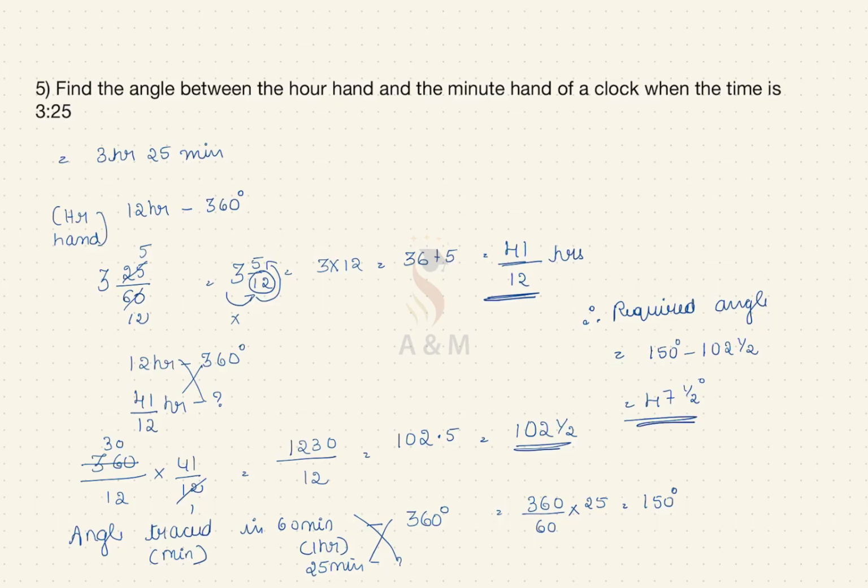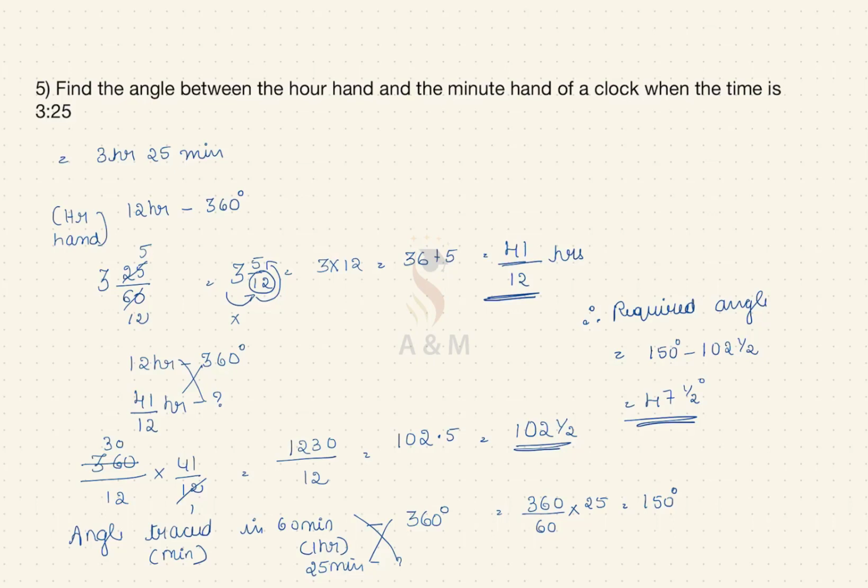Clear? So first we take 3 hours 25 minutes together. Why are you taking the 25 minutes? Because here you are calculating for the hour hand, but you want to include the 25 minutes in the calculation because when it is 3:25, your hour hand moves slightly forward. It will not be exactly on 3.